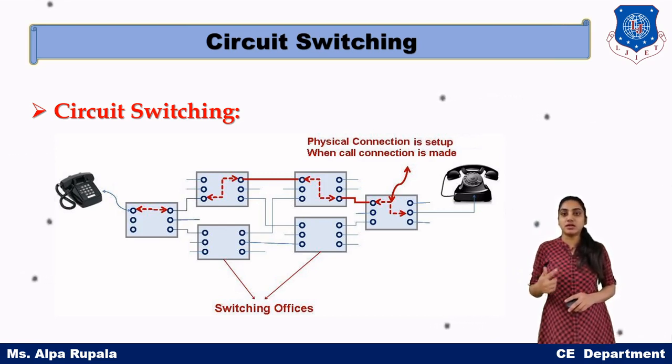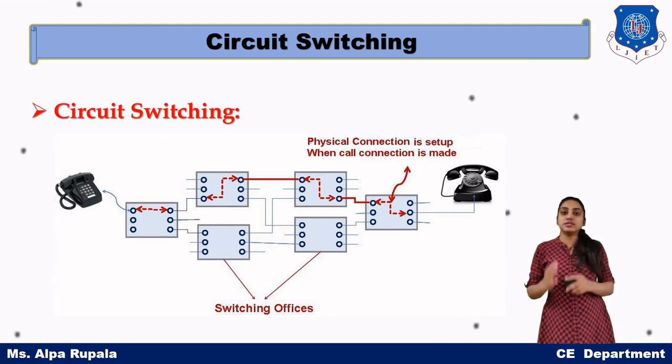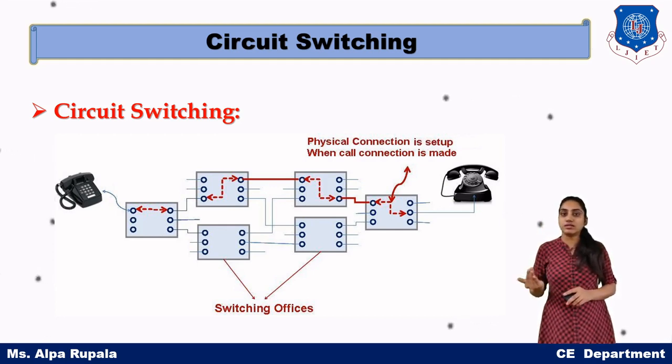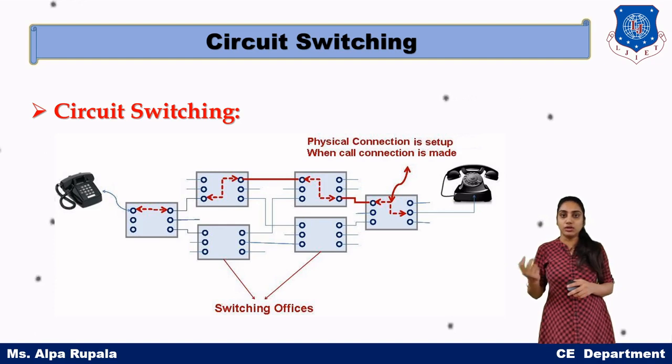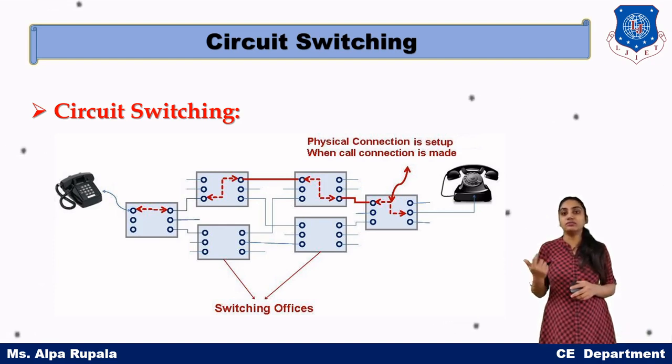As soon as the circuit is established, your data will be transmitted by that particular route. That means the caller and callee are talking with each other, a normal real-life voice call. The voice data is transmitted from the caller to the callee by the path selected by the switching offices.